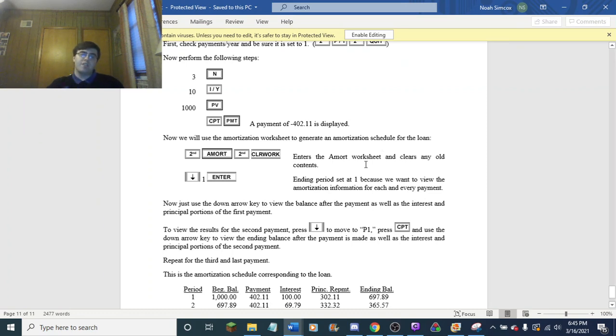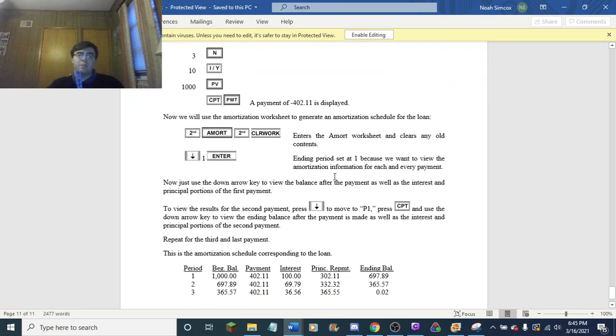The ending period set to 1 because we want to view the amortization information for each and every payment. Whatever. And then now just use the down arrow key to view the balance after the payment as well as the interest in period 1.